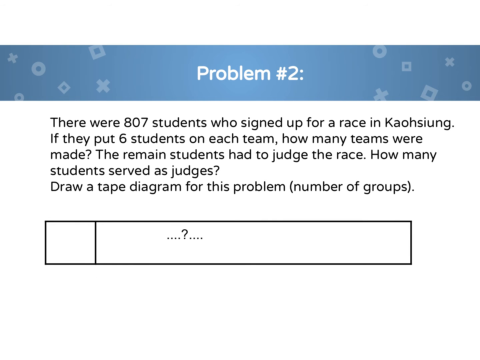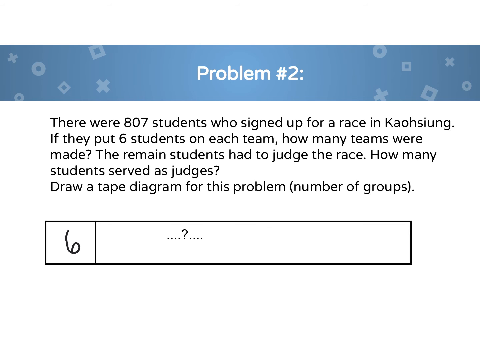Okay, in this problem, there were 807 students who signed up for a race in Kaohsiung. If they put 6 students on each team, and on my tape diagram, how many teams were made? Now, I know that there were 6 on each team, so this is actually a number of groups.